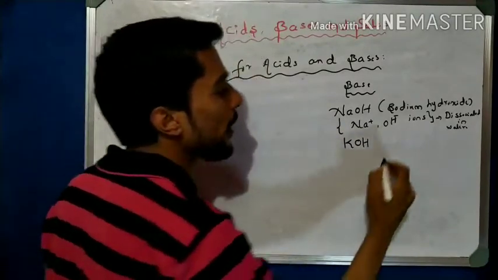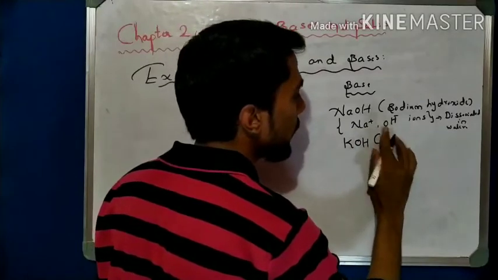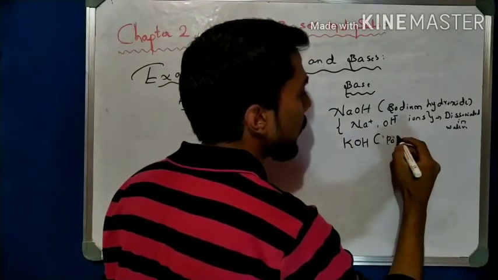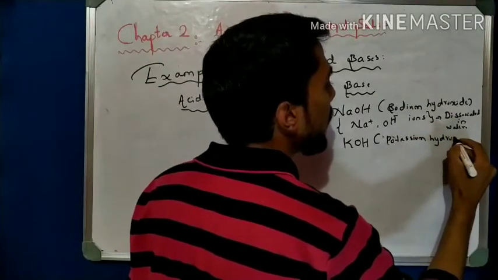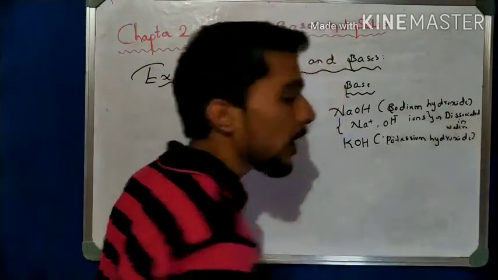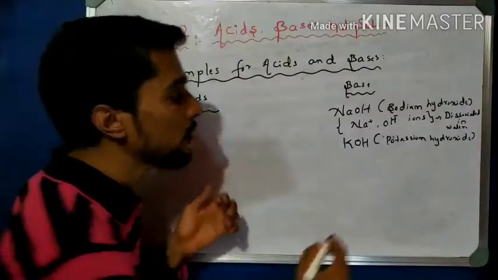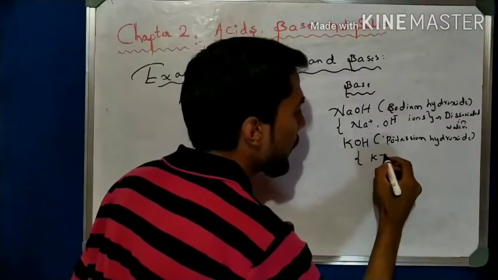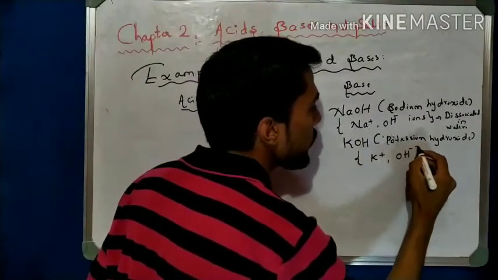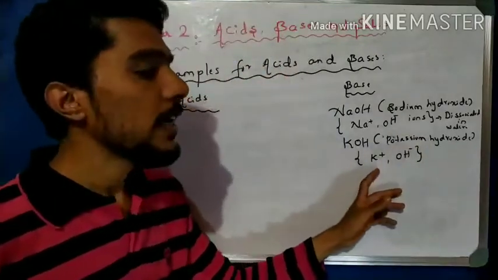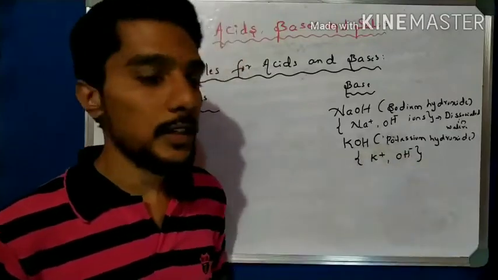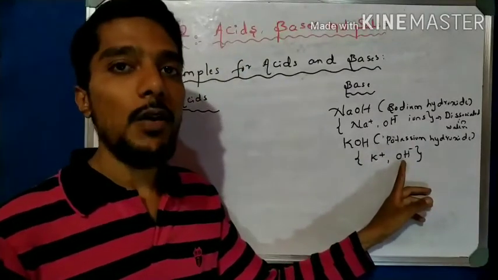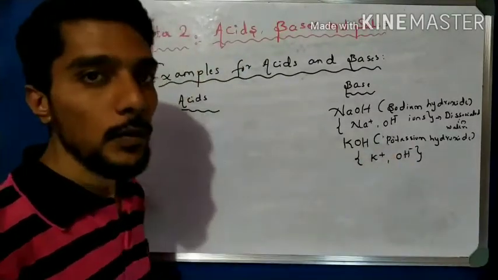Potassium hydroxide. The ions are K plus and OH minus. When dissolved in water, they dissociate into K plus ions and OH minus ions. OH is nothing but hydroxide, so it is a base, right?